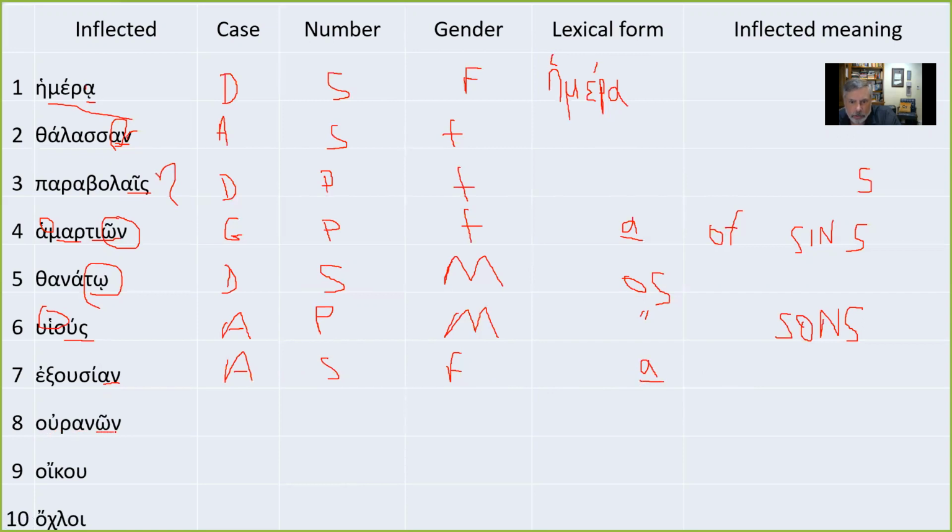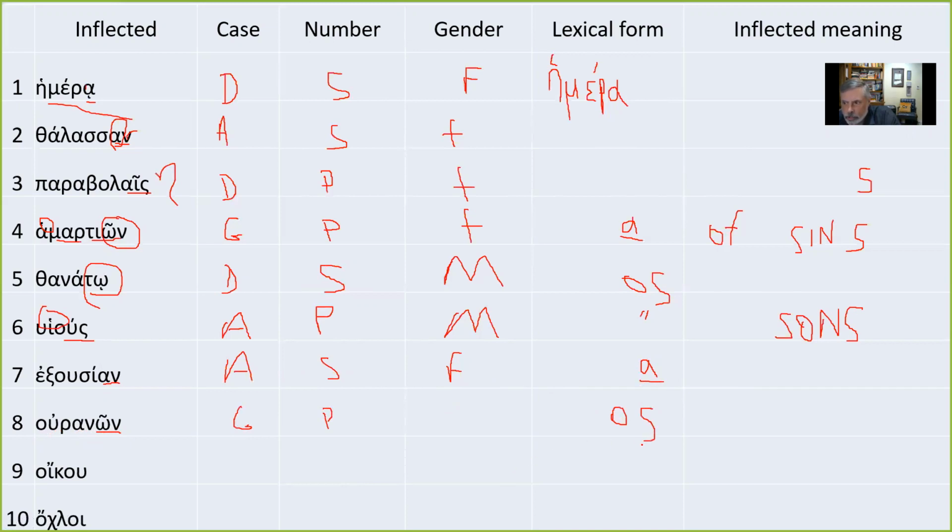Ouranon, there's my omega nu ending, and so I know it's plural automatically. I know it's genitive automatically. There's nothing else. Now, which gender it is, I don't know unless I know the lexical form of ouranon. Well, the lexical form ends in an omicron sigma, and that would be ouranos.